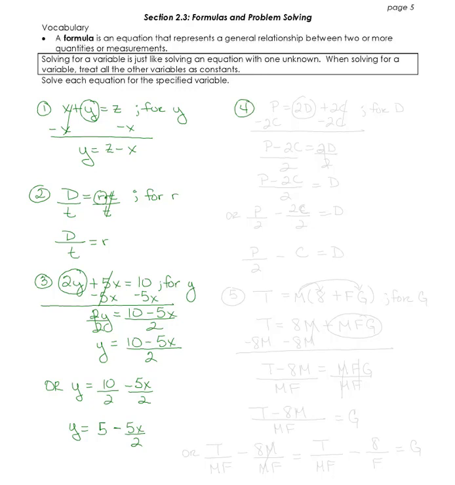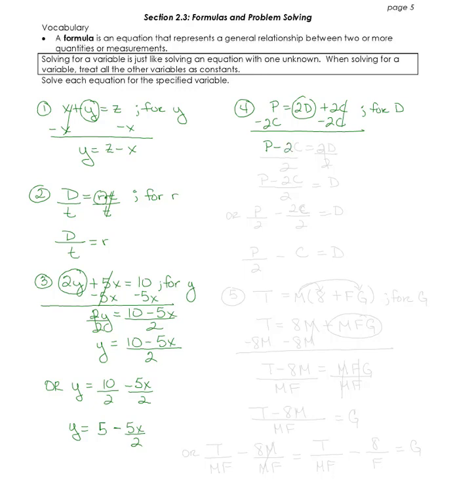Number 4, we have here P is equal to 2D plus 2C, and we're solving for D. 2D we're not going to move just yet, but we can move the 2C by subtracting.